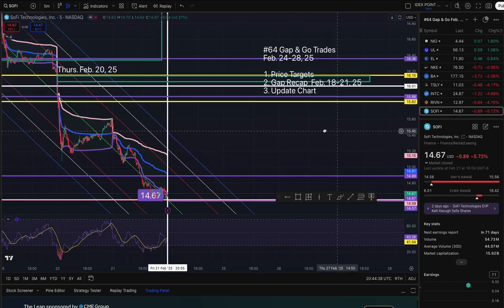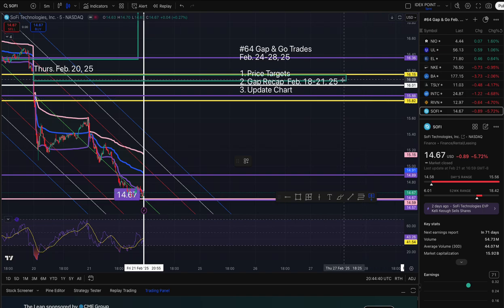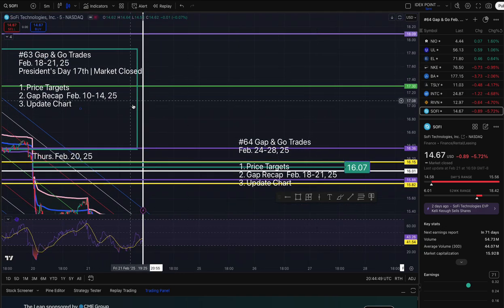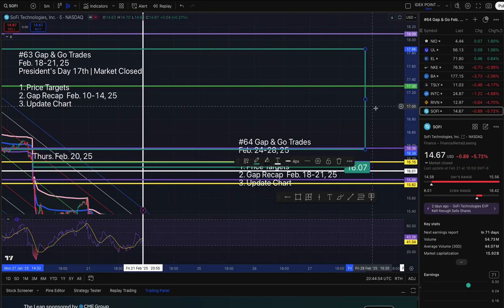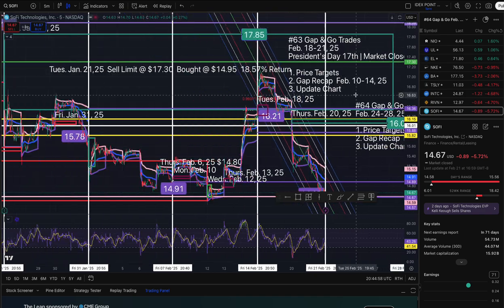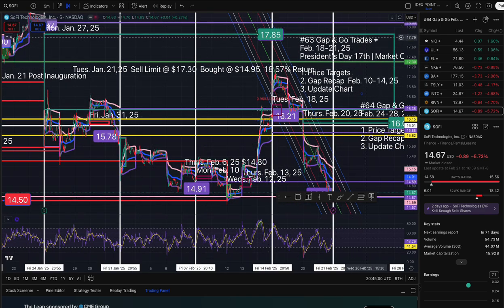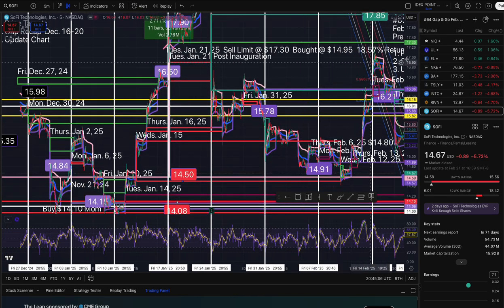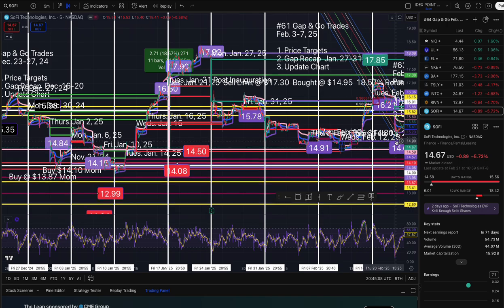This one, 1607 for the bottom, and then this one, that will take us up to 1785. I've tracked this so many times, but I don't know.